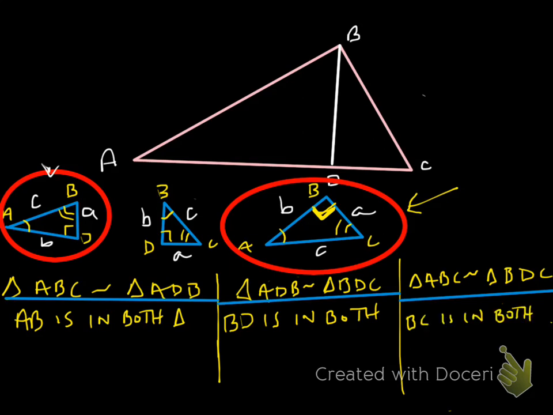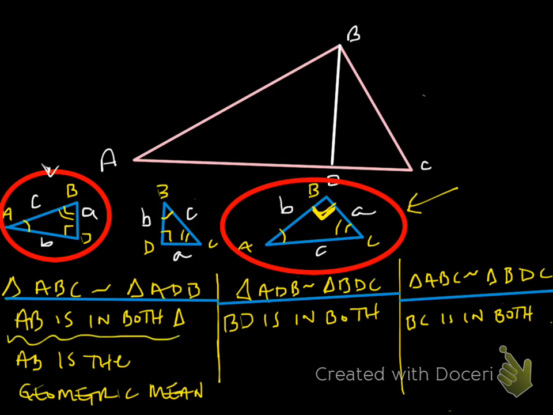Okay, now, here's what's going to happen. Since AB, I'm going back to the first column here, since AB is in both, AB is the geometric mean. Okay?